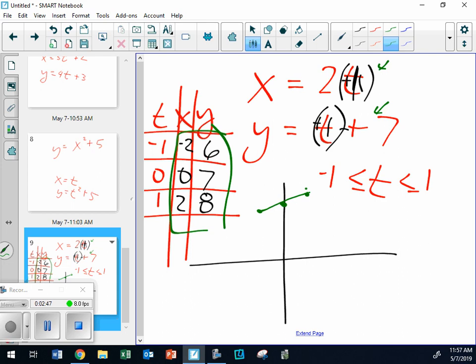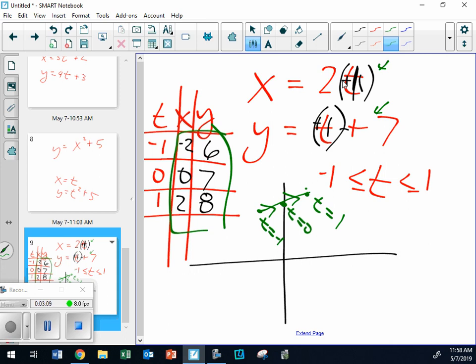Okay, and then last point, it needs arrows on it. How many of you remember to put the arrows on it? It's easy to forget. And then the other thing it needs, t equals -1, t equals 0, and t equals 1. And that's what gives this an extra punch compared to a normal graph.